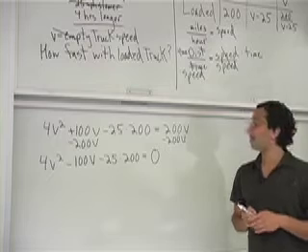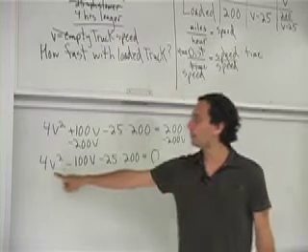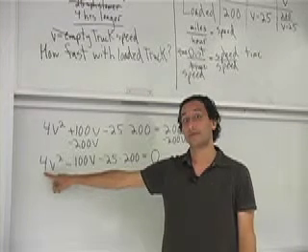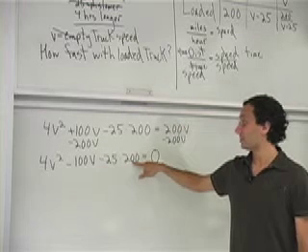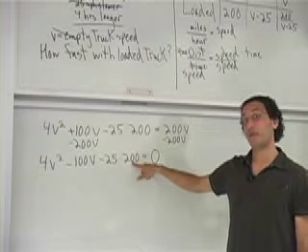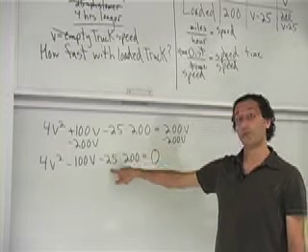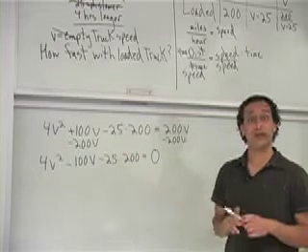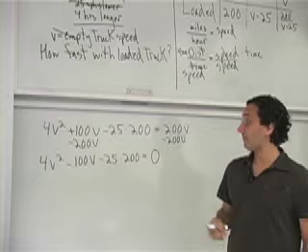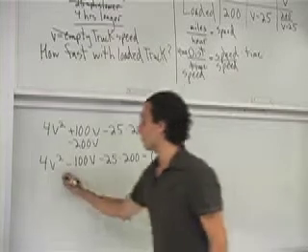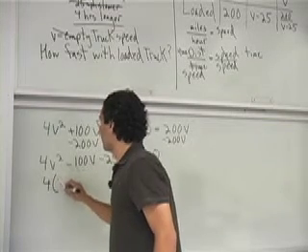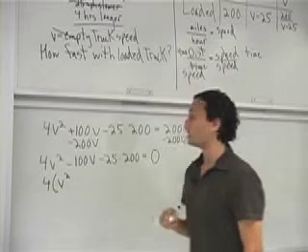So why haven't I multiplied it out yet? Well, I noticed that there was a 4 here. And I noticed that 200 is divisible by 4. So I'd rather deal with 50 times 25 than 200 times 25. So let me divide everybody by 4. Or same difference, let me factor out the 4.